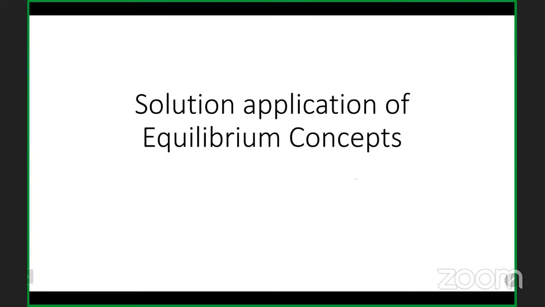Okay, so we've been talking about equilibrium constant. Equilibrium constant, K equilibrium, is product over reactant concentration raised to the power of the stoichiometric number of moles, which is also equal to forward over reverse of the reaction.